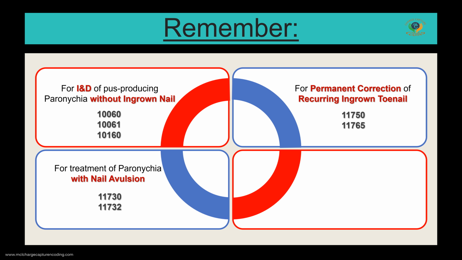For treatment of paronychia with nail avulsion procedure, we report 11730 and 11732. And please do append a modifier when applicable if the procedure was performed on the hand or the finger, or the foot or the toe.